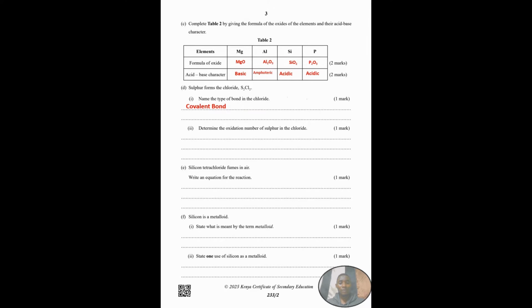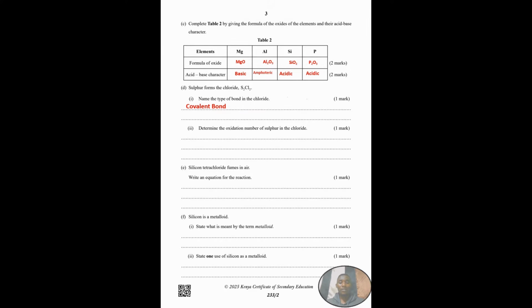The assumption is the oxidation number of chloride is known, being -1. And as we know, the oxidation number of atoms in a compound is always equal to 0.